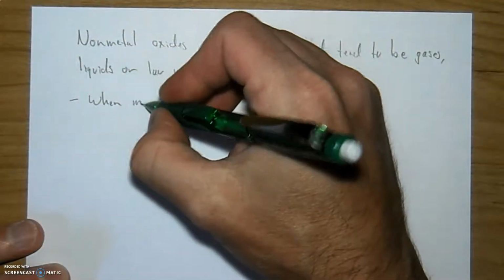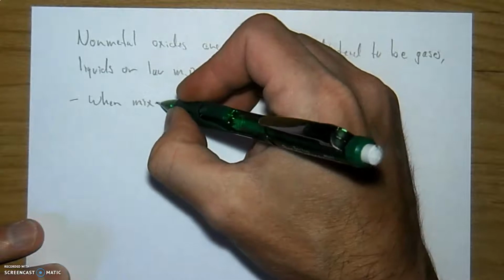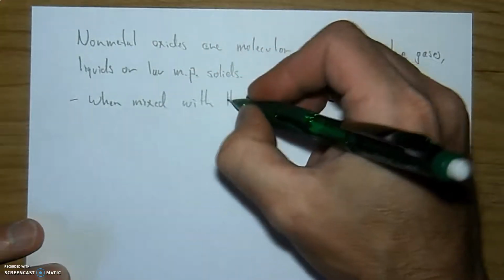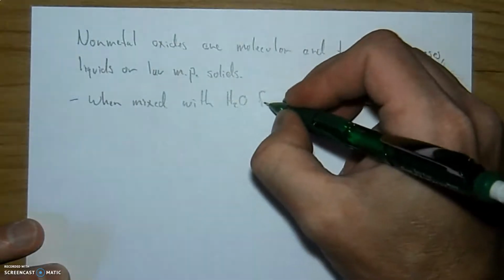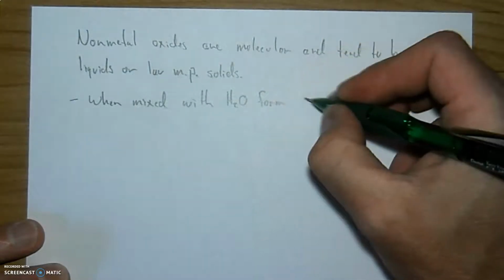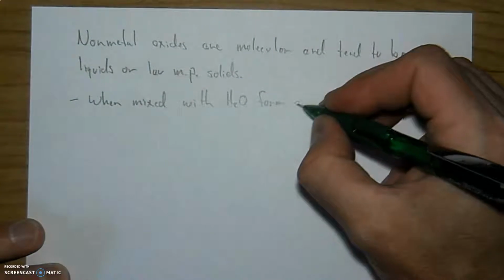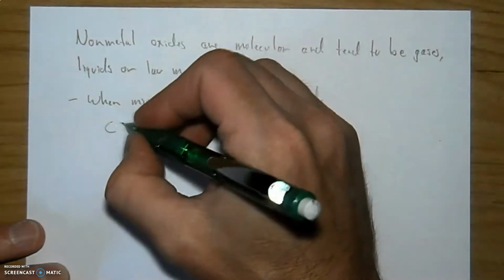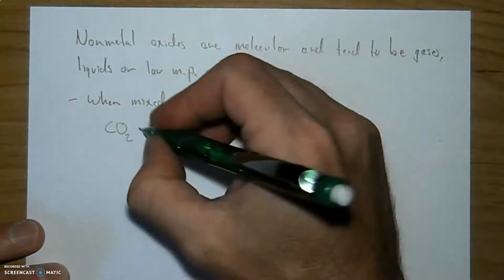When we mix these guys with water, they form not bases, but acids. An easy example, carbon dioxide.